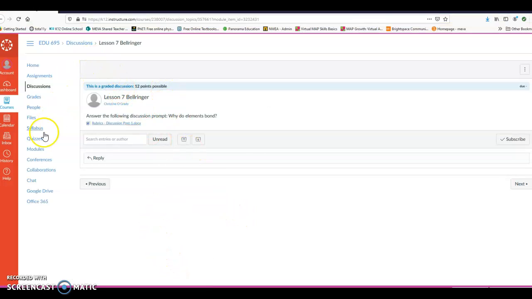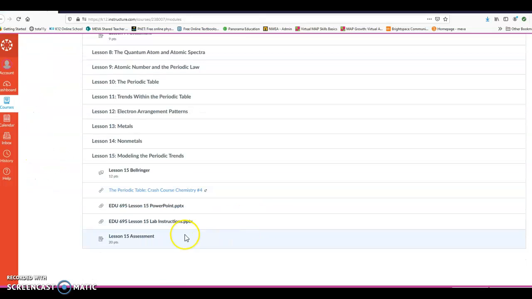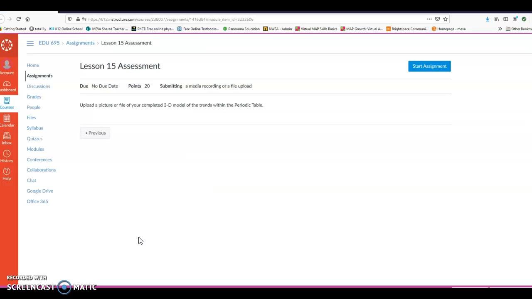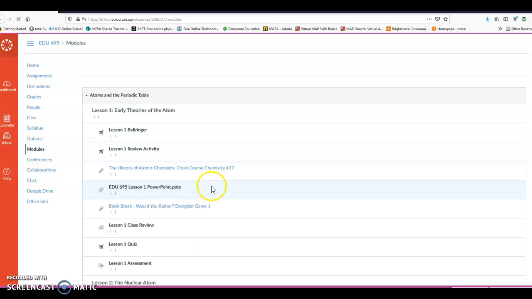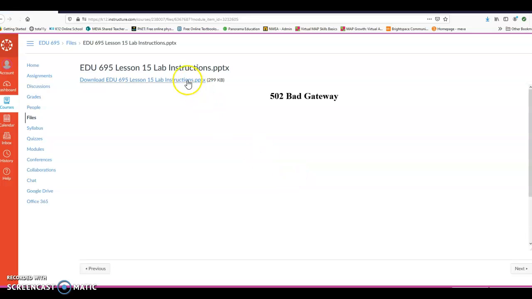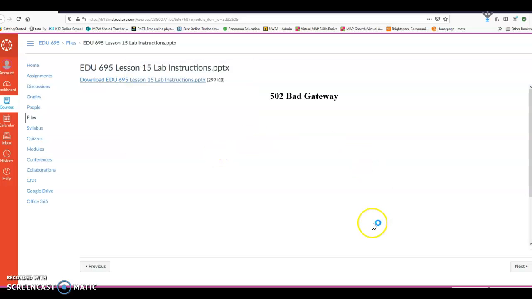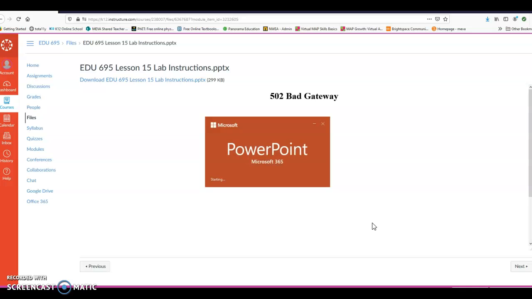And then finally, the last piece that I wanted to go into detail about was the last lesson's assessment. This is where they get to work through a lab, and they get to look at this lab and build a 3D model of a specific trend within the periodic table.